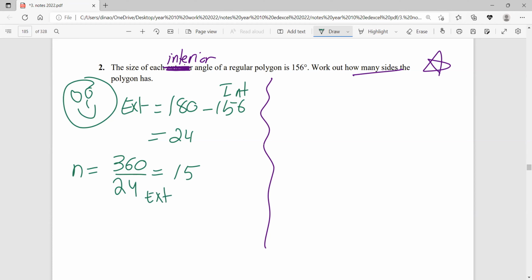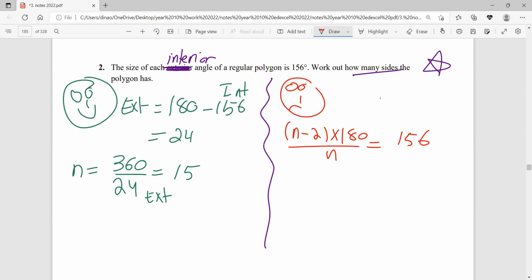That is one method. The second method, which is also not wrong, is that I will use the interior angle rule. Here it says that this is the value of one angle of a regular polygon. So basically, n minus 2 times 180 over n is equal to 156, because this is the rule you use to find the value of an interior angle.